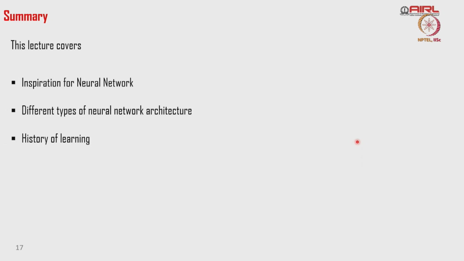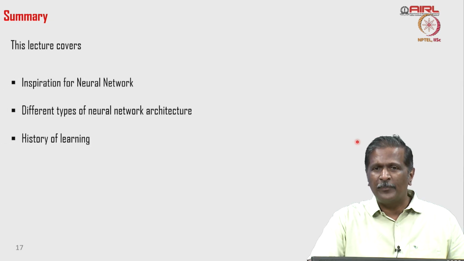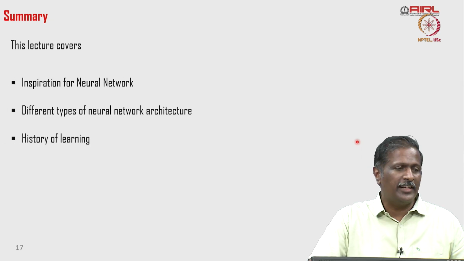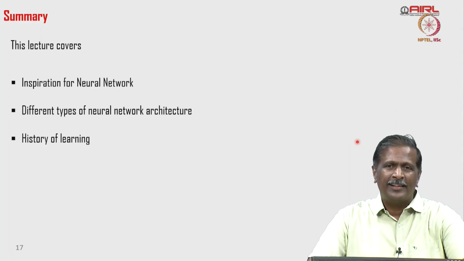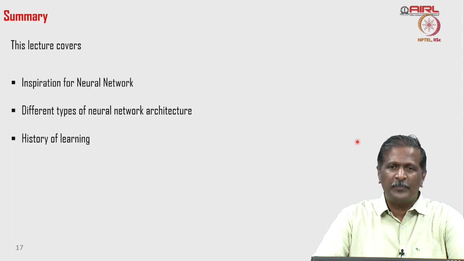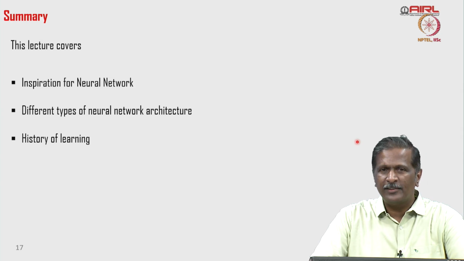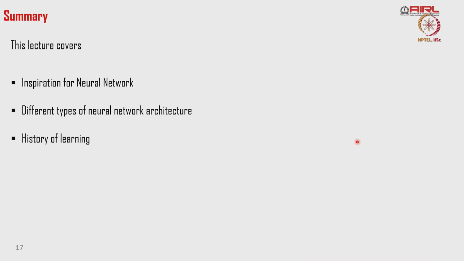In summary, in this lecture we talked about types of neural networks, different types of architecture, feed-forward and feedback architecture, and the advantages and disadvantages of them. We talked about learning, what learning is, when to use learning, and in what scenario one can use it and one should not use it.